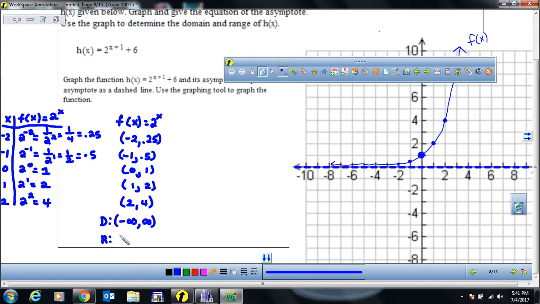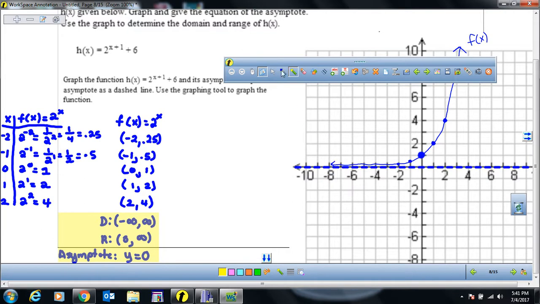So it's going to be from 0, not including 0, comma, all the way to positive infinity. And then we need to give the equation of the asymptote. Since this is a horizontal asymptote, it has an equation of the form y equals, and the asymptote is y equals 0. So these are three of the things that we're asked to provide.